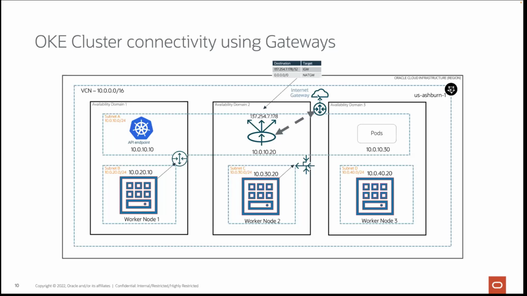And like I mentioned earlier, there could also be another situation where a worker node only wants to talk to an OCI service and also NAT its traffic. That is when they can use a service gateway that will route the traffic through the Oracle backbone without having any internet footprint and just talk to this OCI service. So this is how one would really configure the Oracle Kubernetes resources for their cluster connectivity.